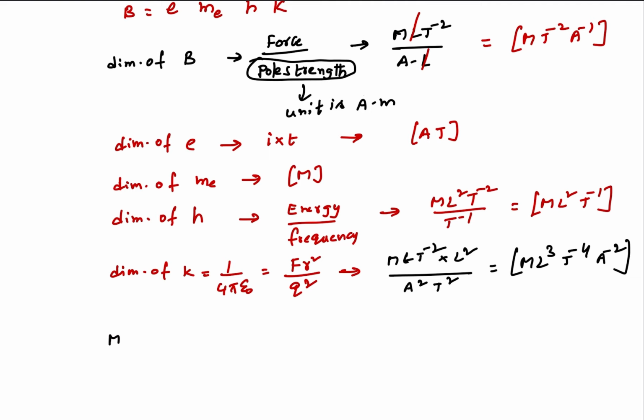Now you substitute all these dimensions in B. I am writing now one by one. M power 1, L power 0, T power minus 2, A power minus 1. Here the L term is not there, that's why I have written L power 0.